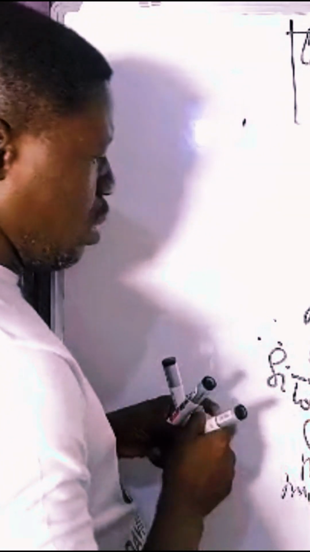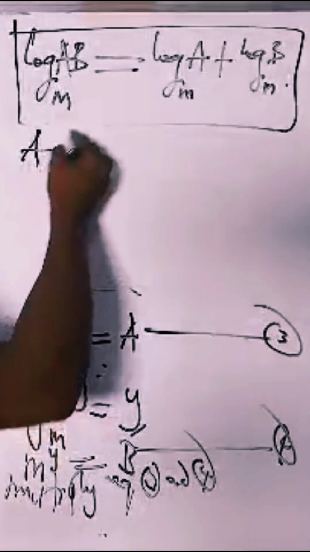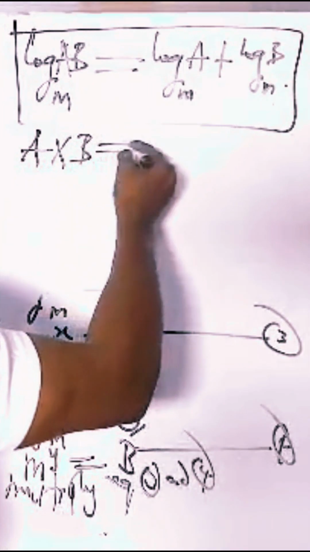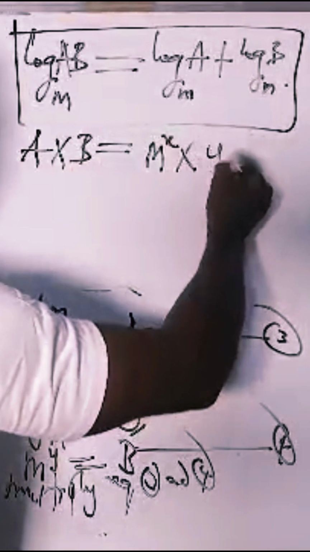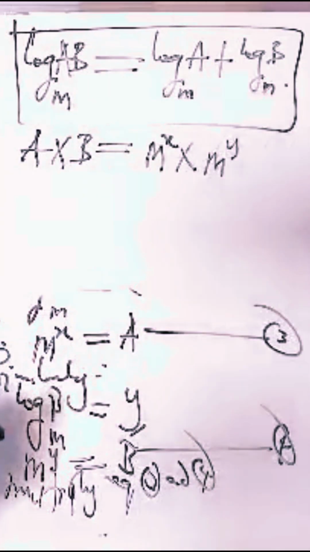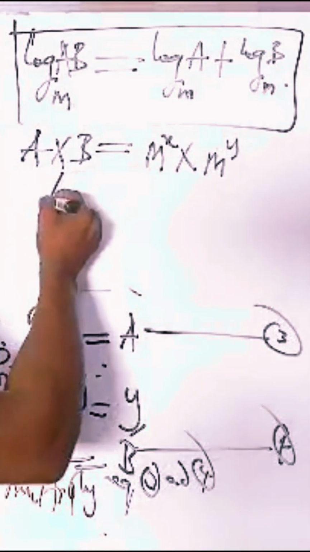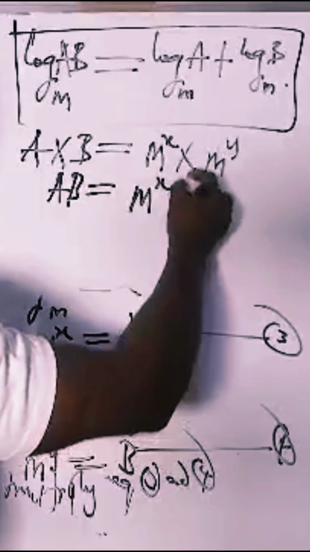When we do that, we're going to obtain something of this form: A times B is equal to m raised to x times m raised to power y, which could be written also as AB is equal to m raised to x plus y.